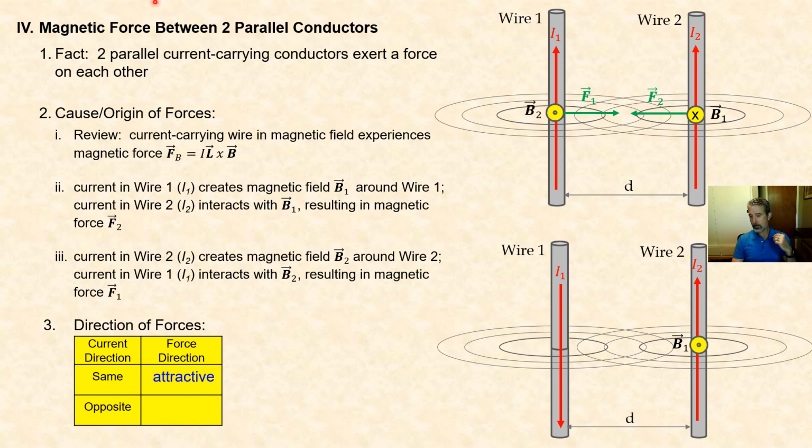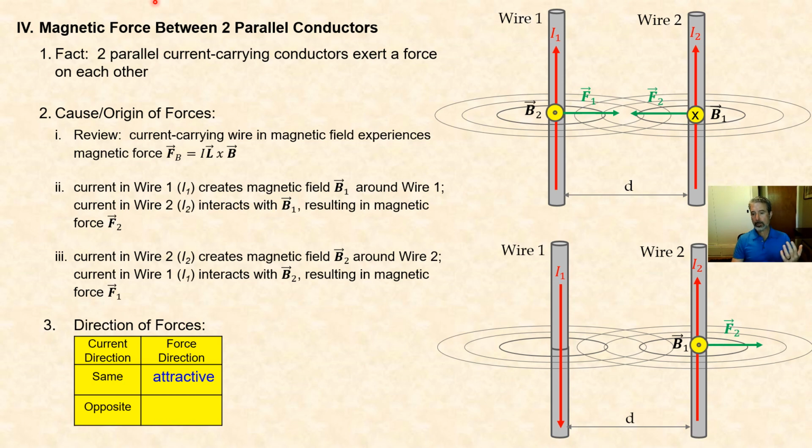When you apply the cross product rule for forces here, IL cross B, you should see that in this case now the force on wire 2 is repulsive. It's directed away from wire 1.